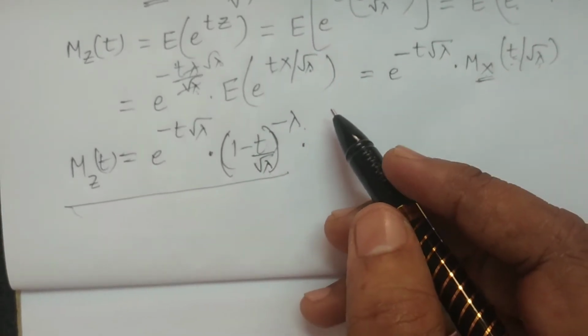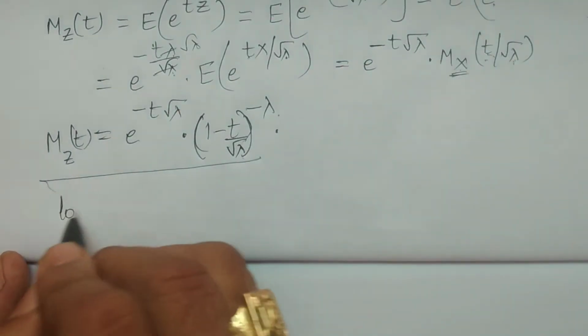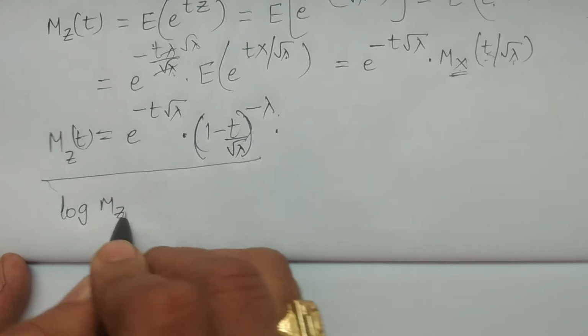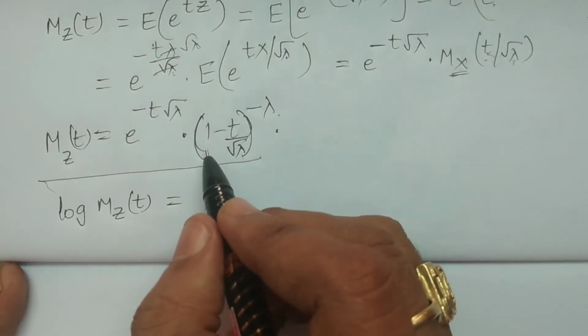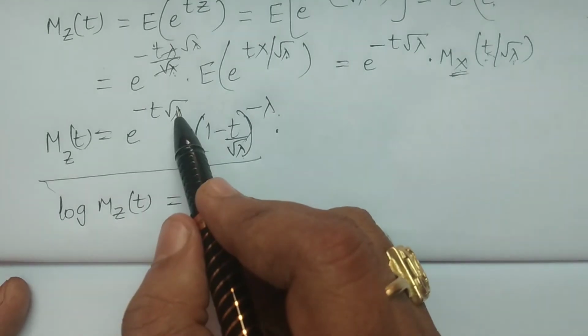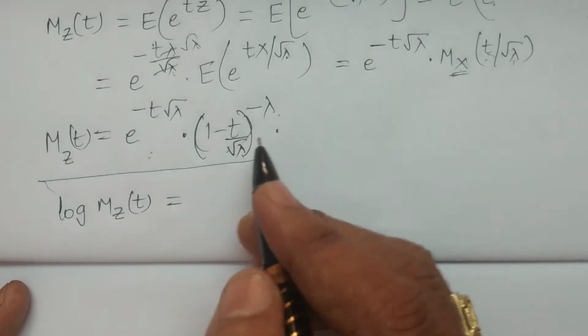Log M_Z(t) is the logarithm of this product. Log of a times b is log a plus log b.